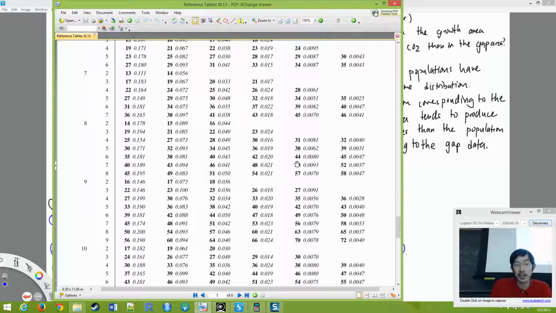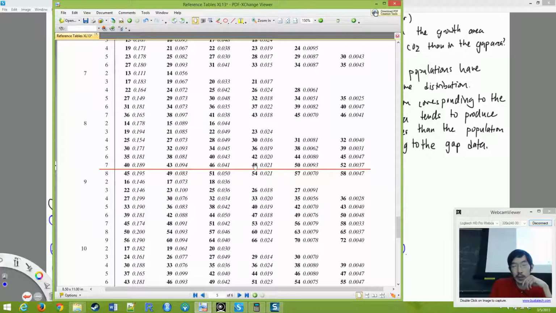And if our test statistic was 50, our corresponding tail area would be 0.0093. So let me just put a little, because we've got n is 8 and n prime is 7. So essentially we have 49.5, which is between 48 and 50. So our corresponding tail area is between 0.021 and 0.0093.